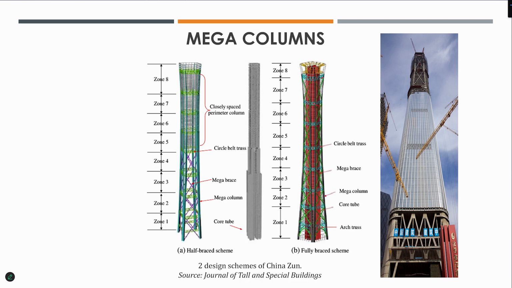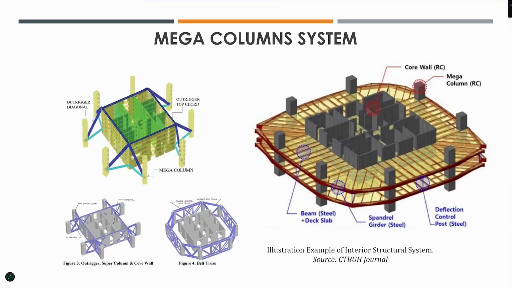Everything is put in buildings like this. Mega brace is there. Look at once again, mega columns, braces, wall, this one here, outriggers, 8 columns, 4 columns, 6 columns, all configurations.